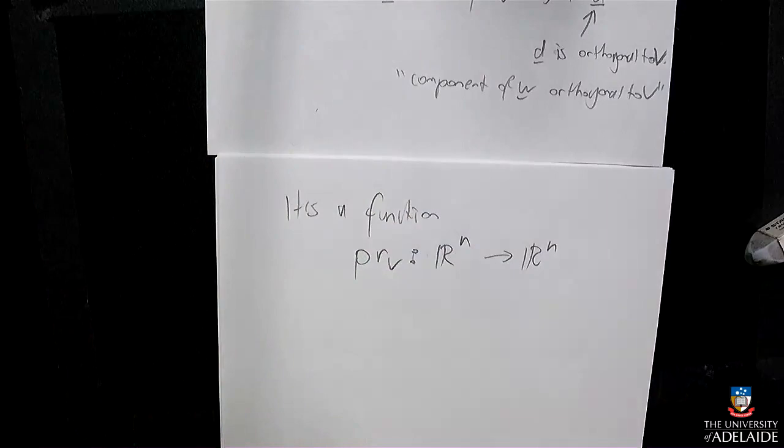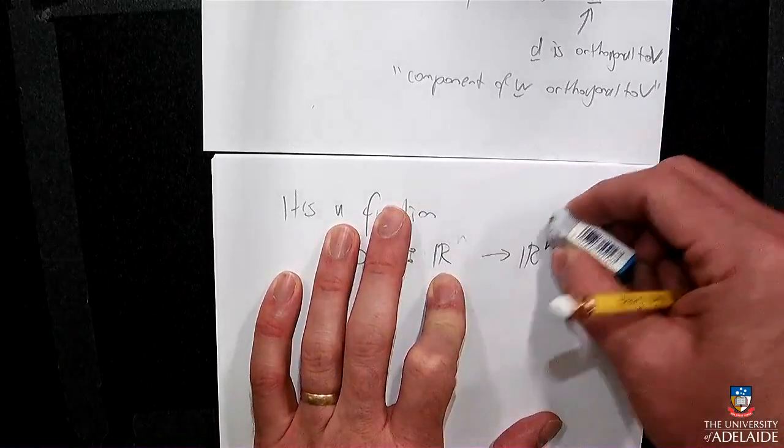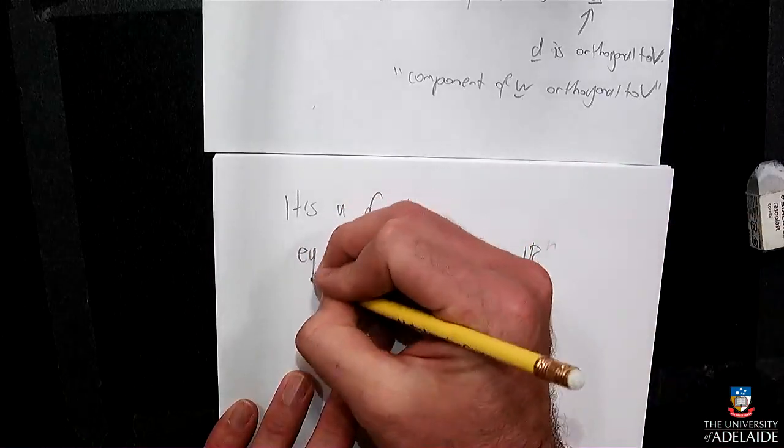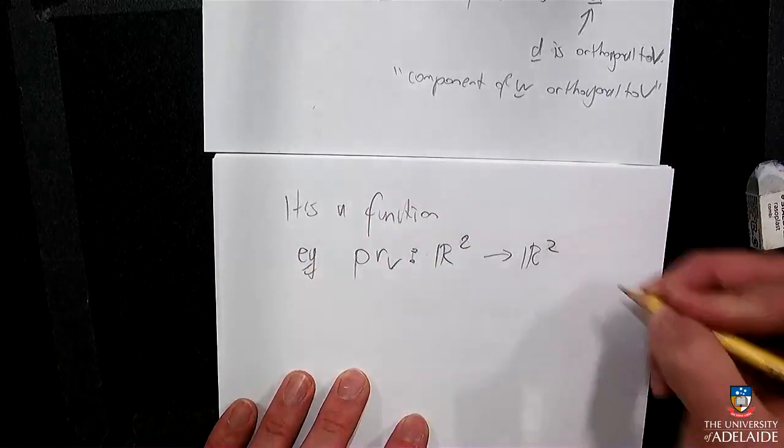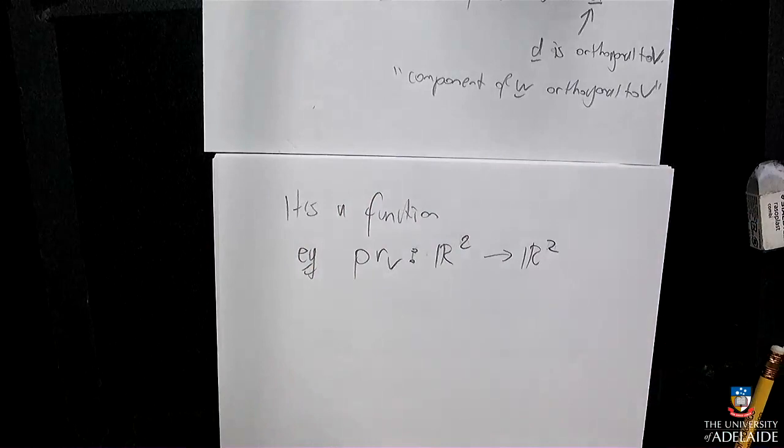Okay? So the most common ones you'll see are like R2, e.g. this one goes from R2 to R2. And when we think about it as a function, this function is a linear transformation.